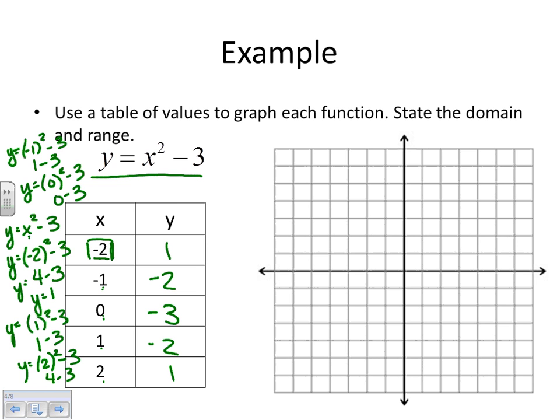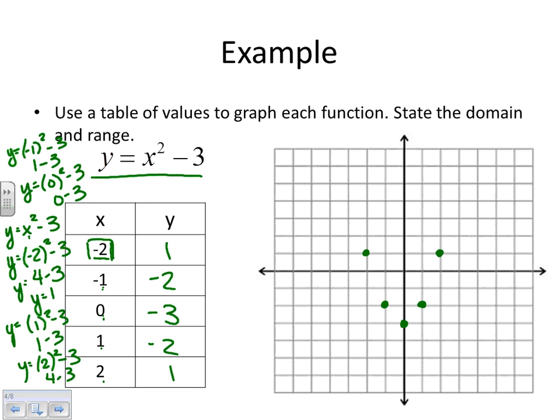Okay, all right, and then we're going to take these points and graph them on our graph. This is where your graph paper comes in handy. So we're going to plot negative 2, 1; negative 1, negative 2; 0, negative 3; 1, negative 2; and 2, 1.